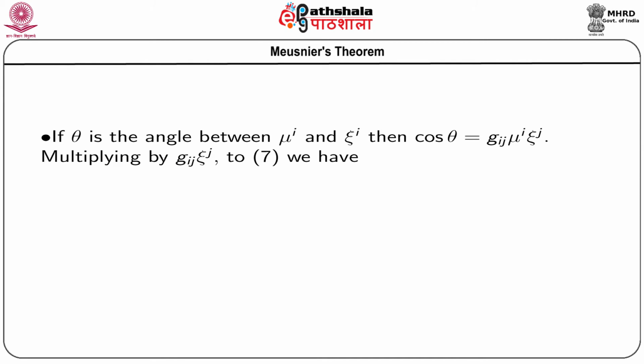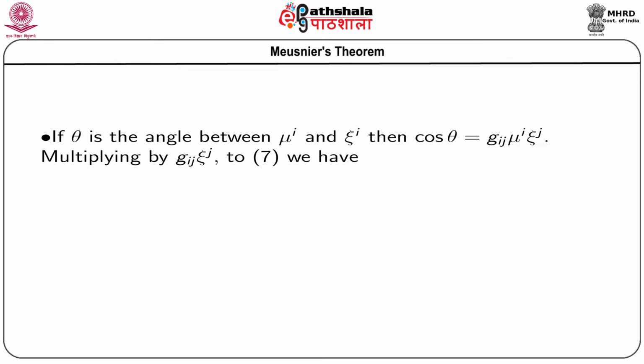Now, according to the statement of the theorem, if theta is the angle between mu I and xi I, then cos theta equals gij mu I xi j. We know that both mu I, the principal normal vector, and xi I, the surface normal vector, are unit vectors. So, cos theta can be defined in this way: cos theta equals gij mu I xi j.